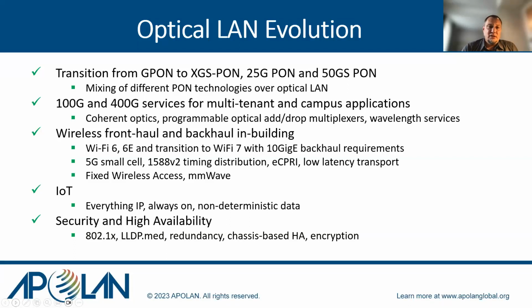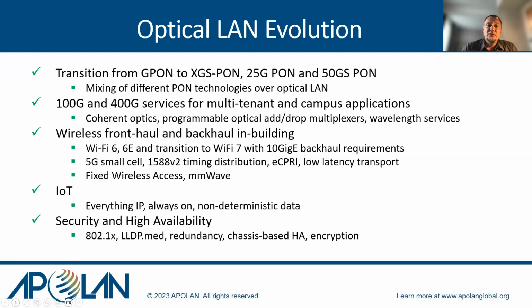What is emerging as a requirement is also 100 gig and 400 gig services for multi-tenant and campus applications, with different optics, coherent optics and wavelength services. These services also get us into the space of low latency and transporting of radio signals and clocking for wireless services, so backhauling and fronthauling of wireless services.